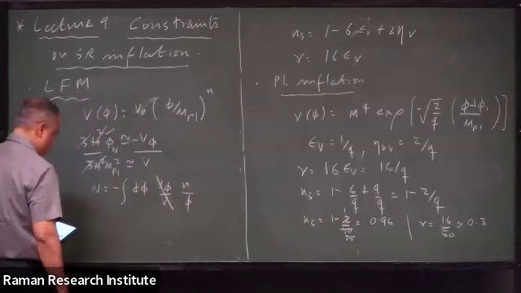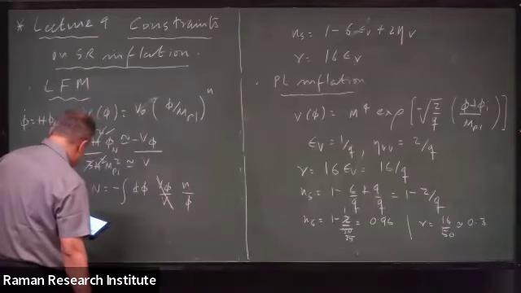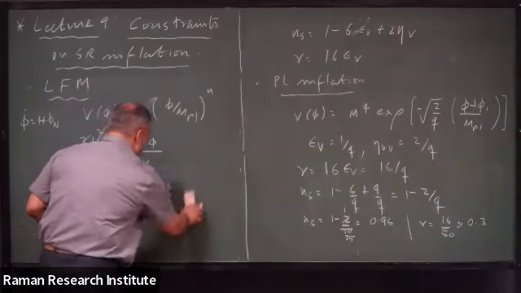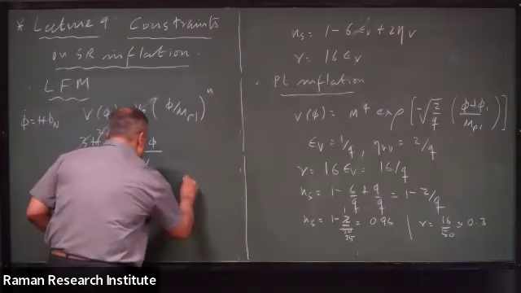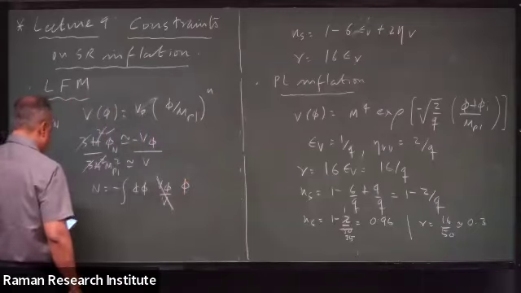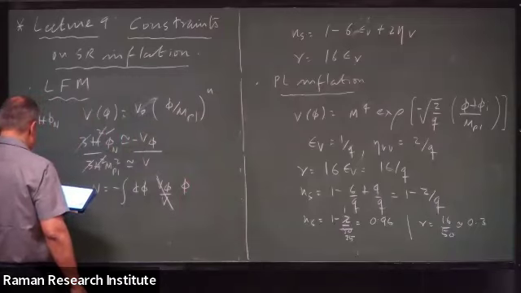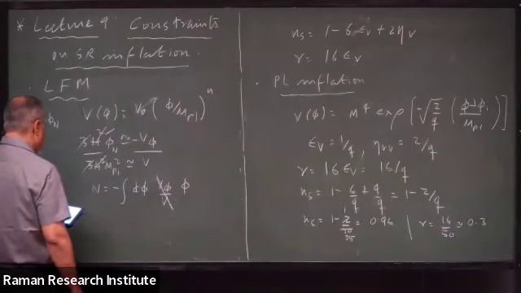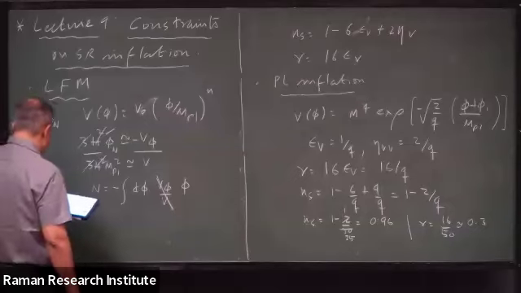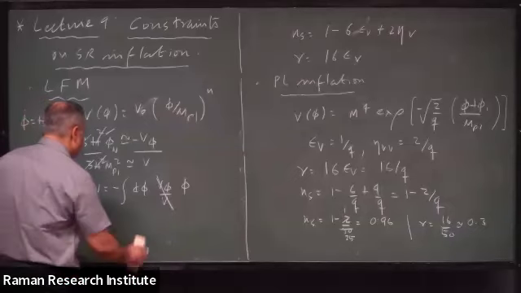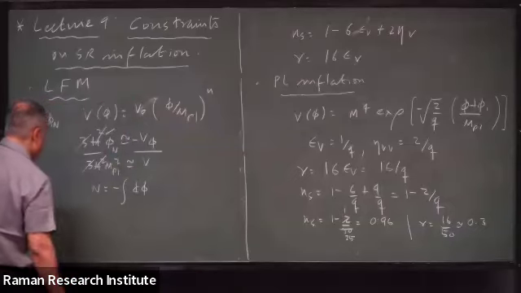Is this correct? No, phi by N, sorry, the other way around. Is that correct? Have I made a mistake here? No, this cannot be. This has to be V by V_phi. Sorry, I'm mixing these, okay?